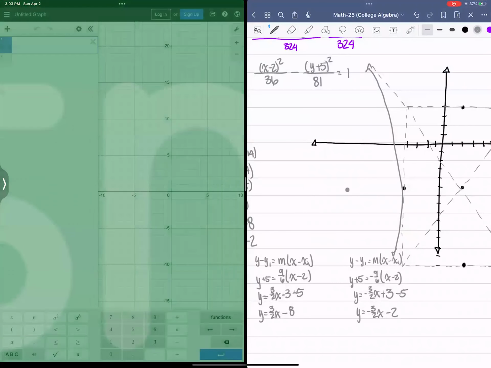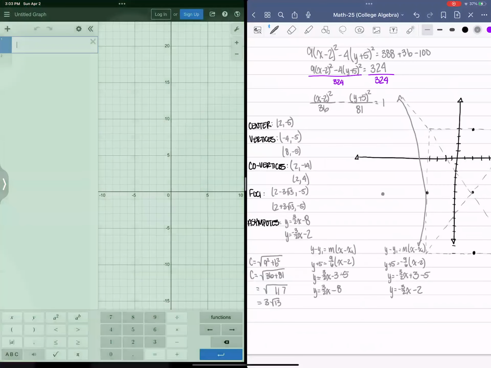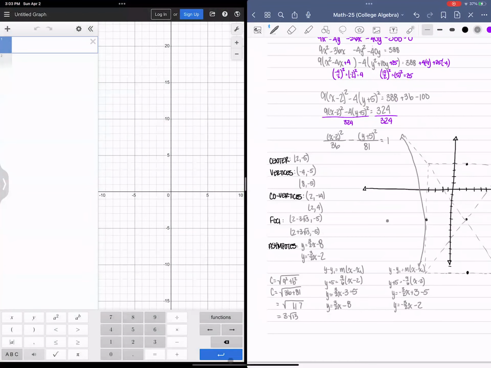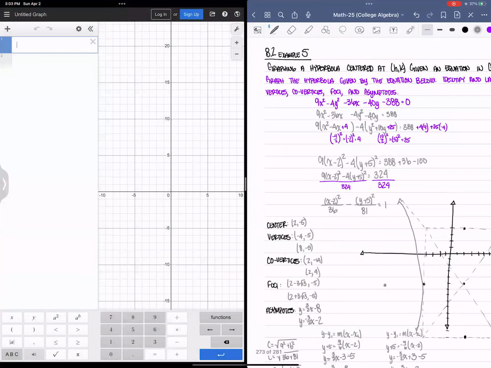And let's graph everything. All right, so starting with the center. So center at 2, -5.